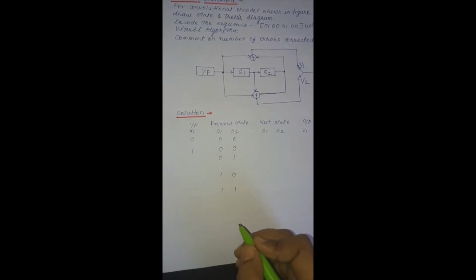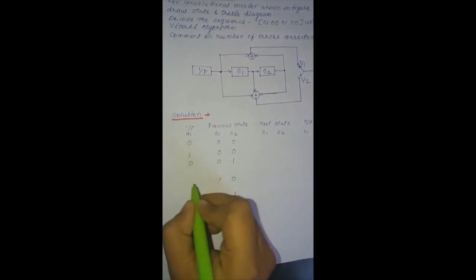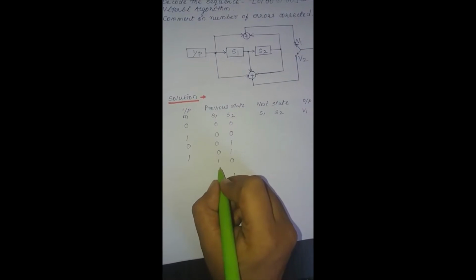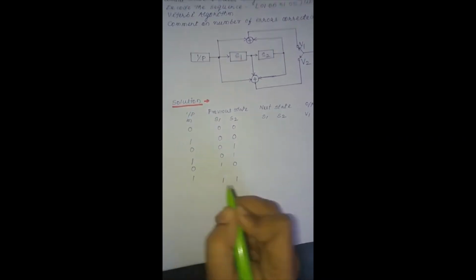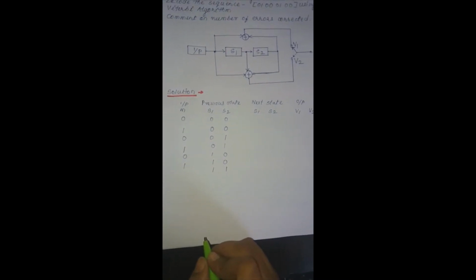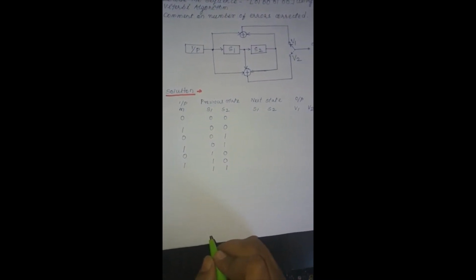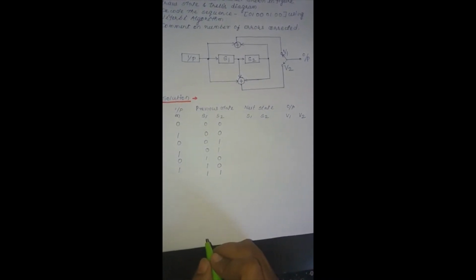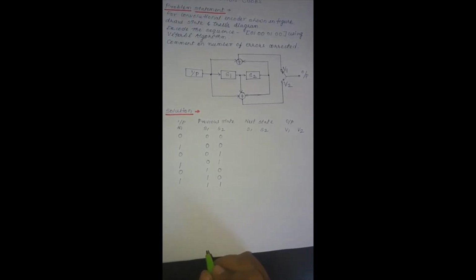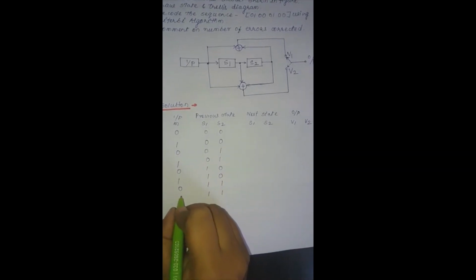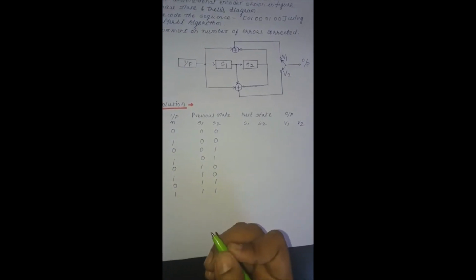For the next state 0 1, two possibilities of input, 0 and 1. In the third state, 1 0, there are two possibilities of input, 0 and 1. The last state 1 1 can have input equal to 0, and the next combination is the state 1 1 with input equal to 1.